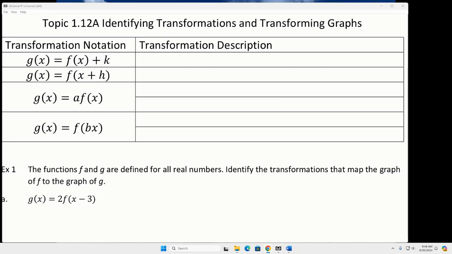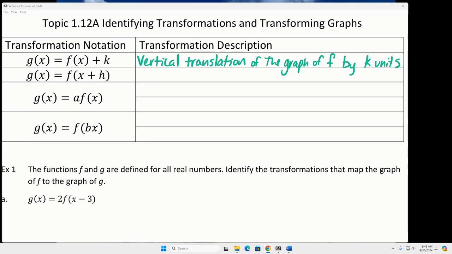All right, so on this first transformation, we're adding K on the outside of F. How is that going to change F? It's going to shift it up. That's what you learned in Algebra 2. Since it's up, we're going to call that a vertical translation of the graph of F by K units.